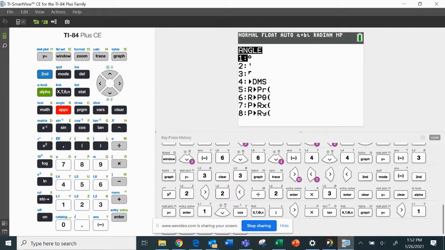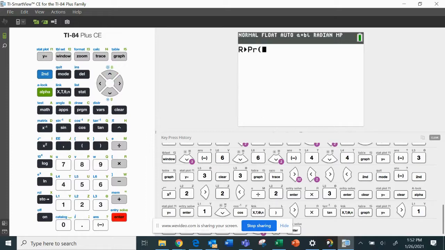And then you'll see 5, 6, 7, 8. 5 says we're going to take a rectangular ordered pair and change it into the polar, but you're just going to get the r. 6 is take a rectangular ordered pair, change it into polar, but you're just going to get the theta. And we need to get r and theta, so we will use 5 and 6, just not at the same time. So I'm going to go back up to 5.